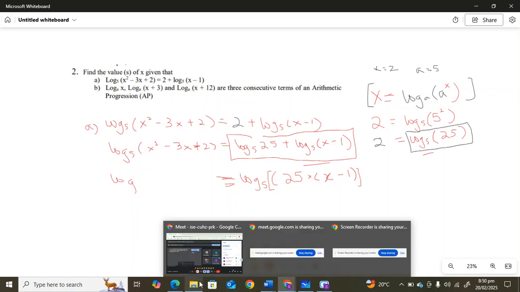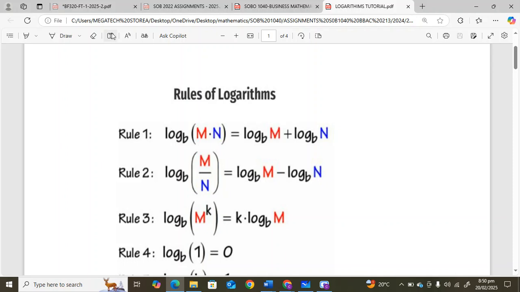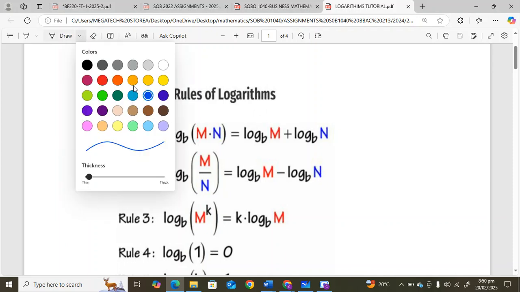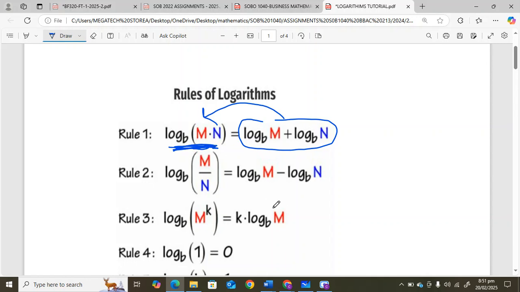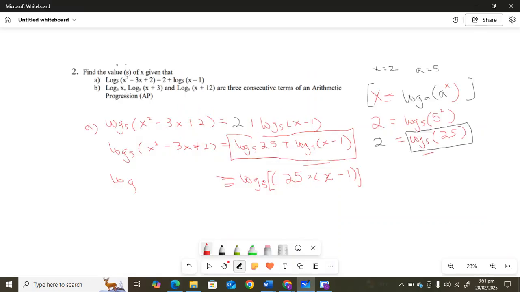We've moved from here. Our equation was in this format, so we have rewritten it like this. You had log 5, 25 plus log 5, x minus 1, and we've rewritten it like this. That's what has happened here.